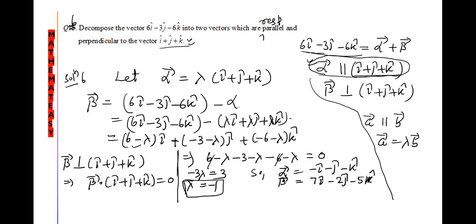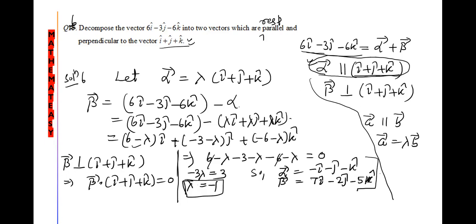You can see alpha plus beta, are you getting 6i minus 3j minus 6k? Yeah, done. So you can cross check whether your answers alpha and beta are correct or not.